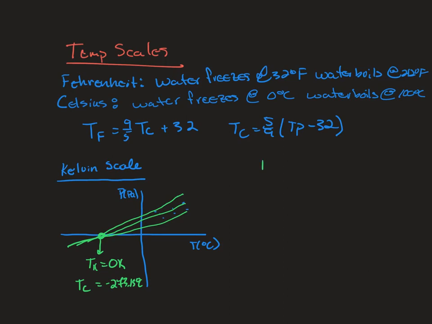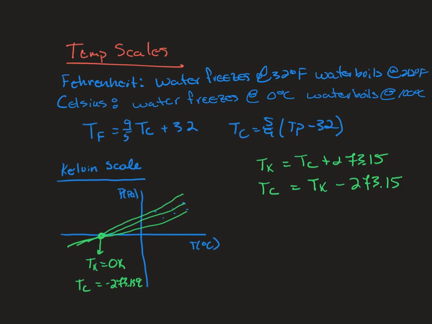So to convert between the two of them, Kelvin equals your Celsius temperature plus 273.15, or if you need to convert back to Celsius, you can subtract off the 273.15. As we progress through this material, we're going to find that there are certain formulas where you could use either Celsius or Kelvin, because the degree sizes for Celsius and Kelvin are the same.